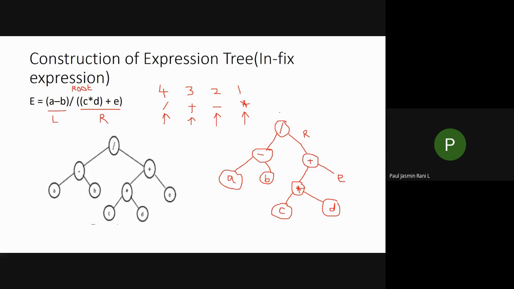Then you take the least priority operator and mark that one as your root. Then you separate your left sub expression and right sub expression. After that, you have to repeat this for all the expressions. Finally, you will get an expression tree.